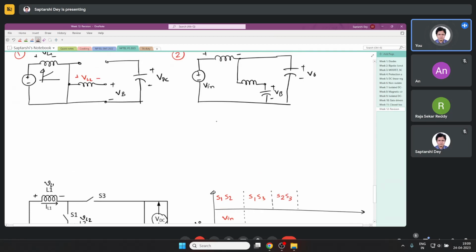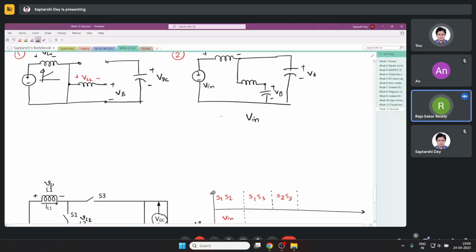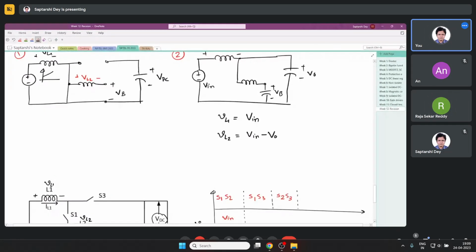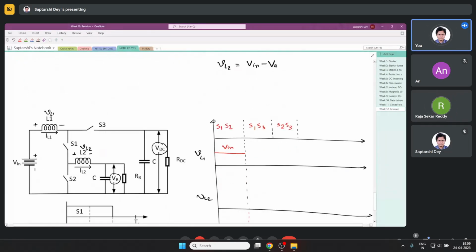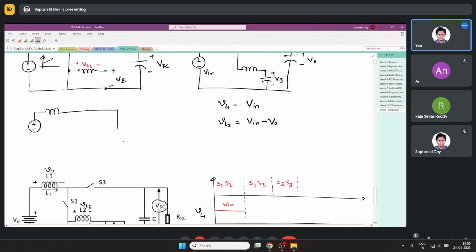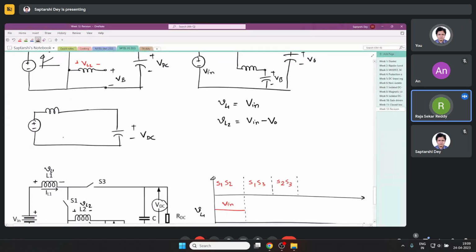So during the first one third, VL1 is V in, right? Yes. Second one third, VL1 is V in minus V naught. Third time, what is happening? S2 and S3 are closed. So it is like this. S3 is closed, so it is like this. And S2, so this is open.